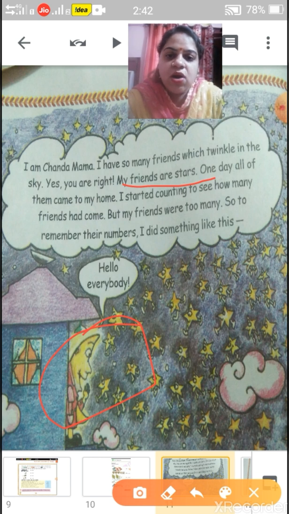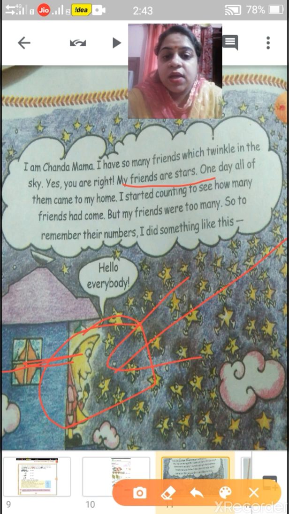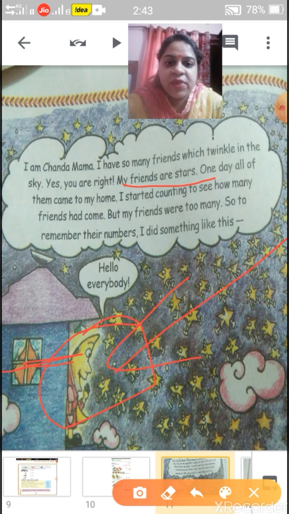One day, all of them came to my home. This is the home of Chanda Mama, and all of them came to his home. He started counting 1, 2, 3 in numbers. I started counting to see how many friends had come. But my friends were too many.